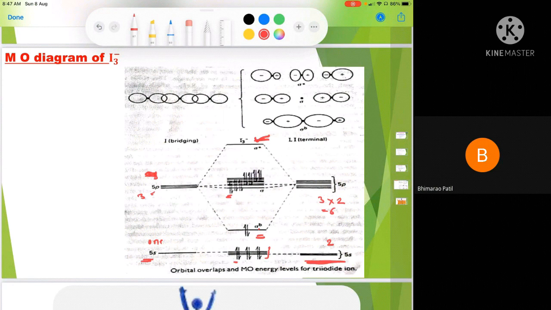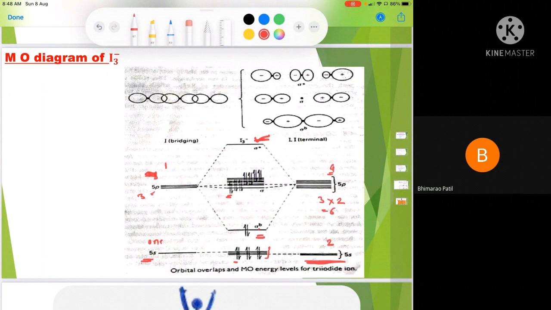Then you see the remaining 4 5p atomic orbitals of the two terminal iodine atoms, and 1 p atomic orbital of the bridging iodine atom, form non-bonding molecular orbitals, that is 4 plus 1, which is 5.